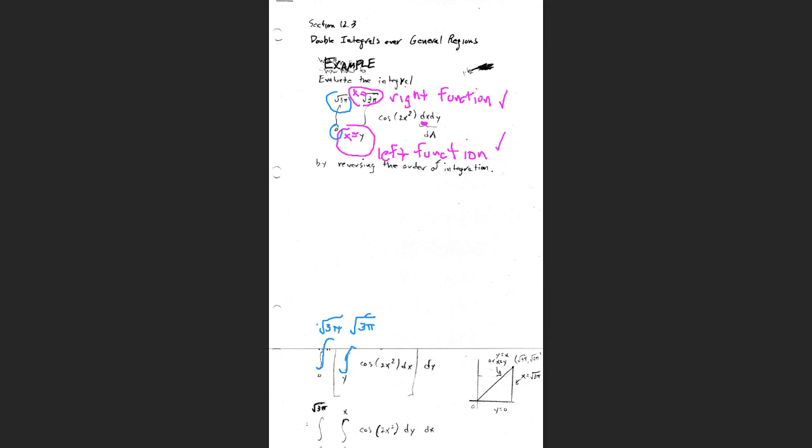So again, the left function is x equals y, and that's here. Region D is bounded on the left by the x equals y function.